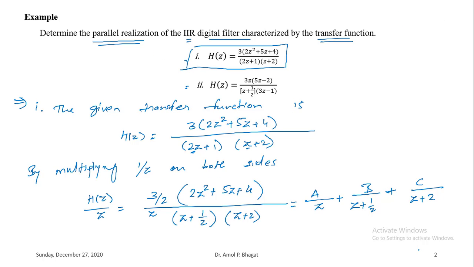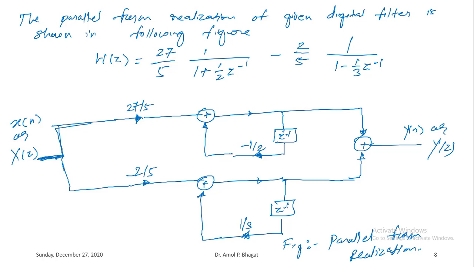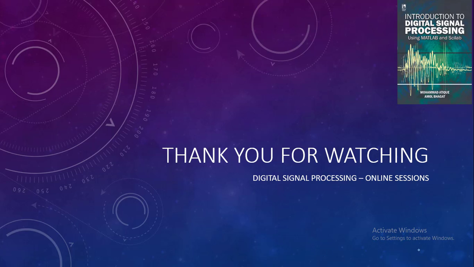So for the given system function, you can represent those terms in addition form, and by representing in addition form, you can draw those terms parallelly in the realization structure by using the basic building blocks required for the realization of discrete time systems. So in the next session we'll be discussing another realization structure which is called transposed form realization, okay, which can be used for realization of IIR systems.